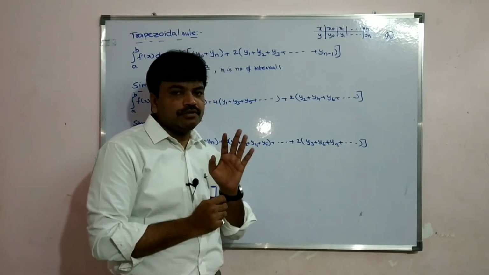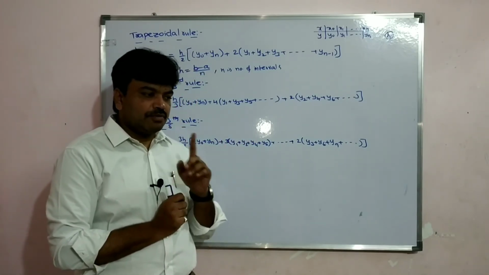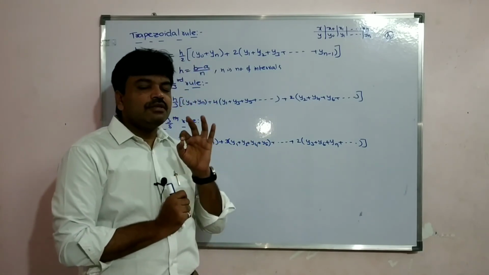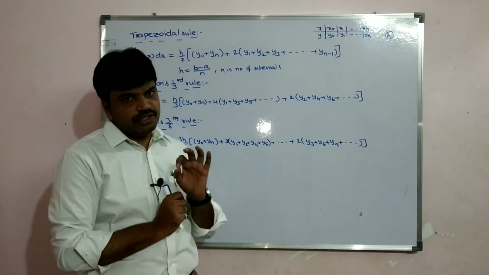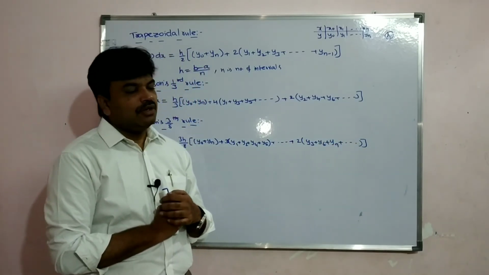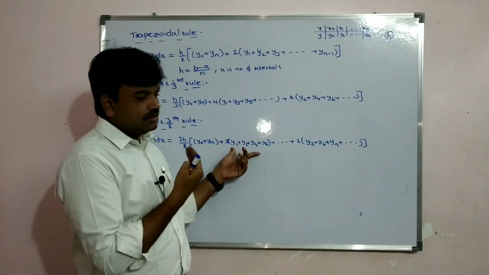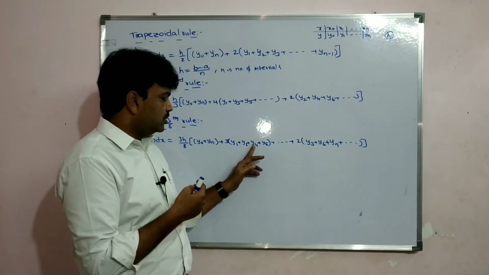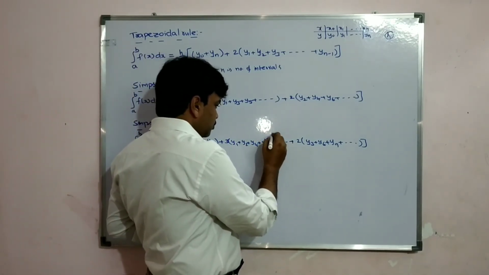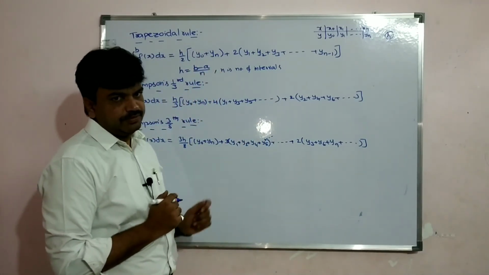Exactly, y12, y15, y18, etc. That means it is multiples of 3 terms, 3, 6, 9, etc. Now what about the rest of the terms, like y1 plus y2 plus y4 plus y5 and so on? Multiply with 3, students.